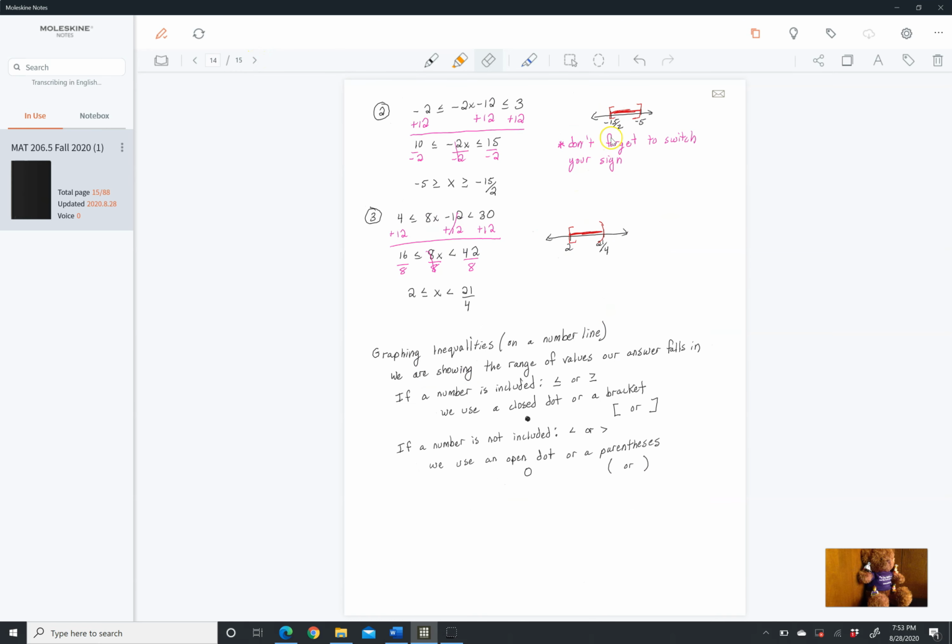You can see that this tells us what it looks like. We're going to have two brackets, and it goes from -15/2 to -5. And then the last one, we start at 2. We end at 21/4, and you can see we have a bracket first, then parentheses.